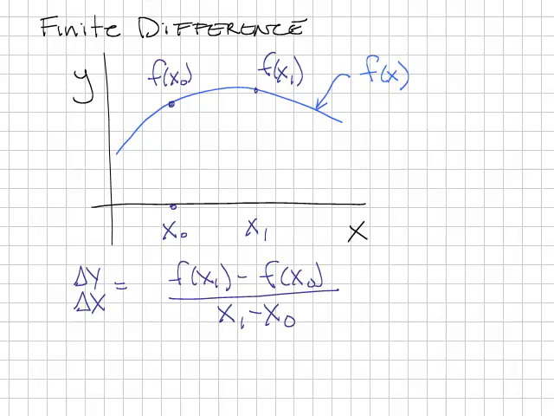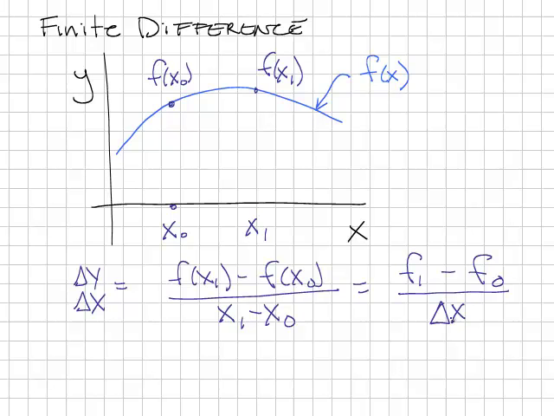In finite difference notation, it's common to simplify the function evaluated at x1 as f1 and the function at x0 as f0. It's also common, instead of writing x1 minus x0, to simply write delta x.